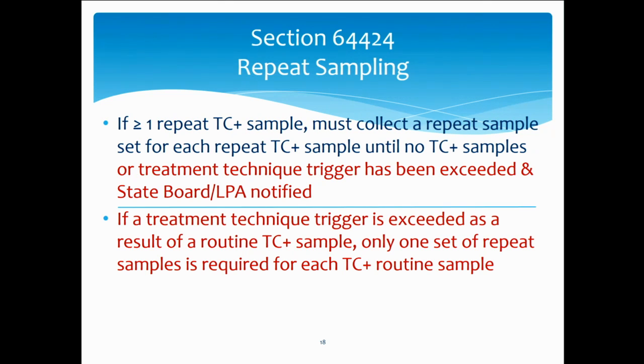Okay, repeat sampling. If you have 1 or more total coliform positive samples, repeat samples that are total coliform positive, you have to continue to collect repeat samples until you get a clean set of repeat samples, or until you've exceeded a treatment trigger and notified the state board or the LPA.